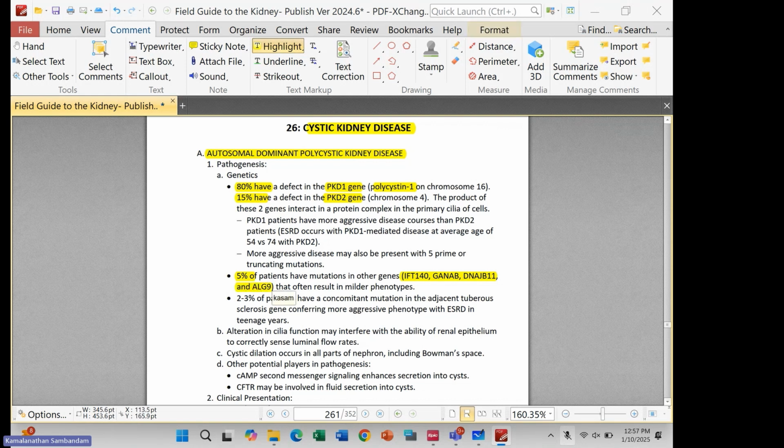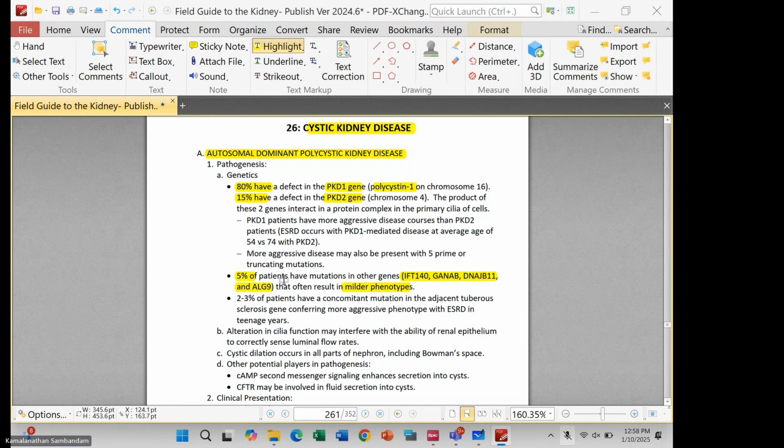So even though you may consider most patients as PKD1 or PKD2, in fact, there are other genes that can also cause an autosomal dominant cystic kidney disease. In general, those mutations cause a milder phenotype. In general, mutations in PKD2 also cause a milder phenotype.